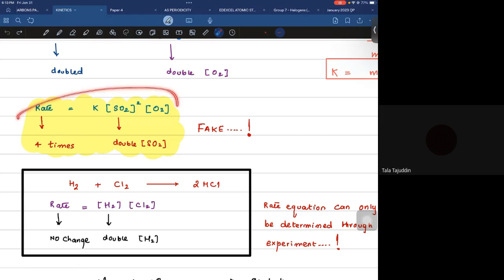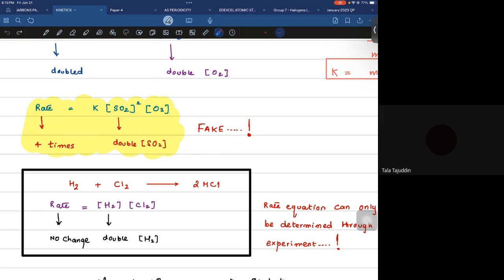Let's suppose for this equation, when we double the concentration of sulfur dioxide, according to theoretical concepts the rate would increase by 4. But when you do an experiment, if you see the same thing, then that's true. If you do not see the same thing, then this is false.